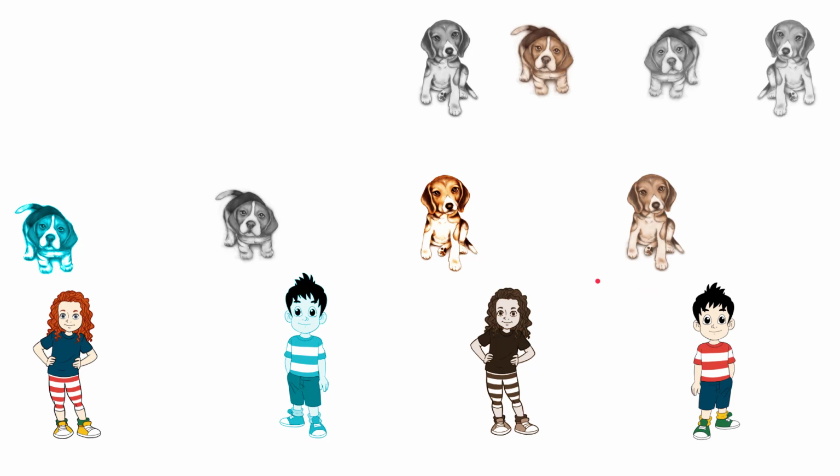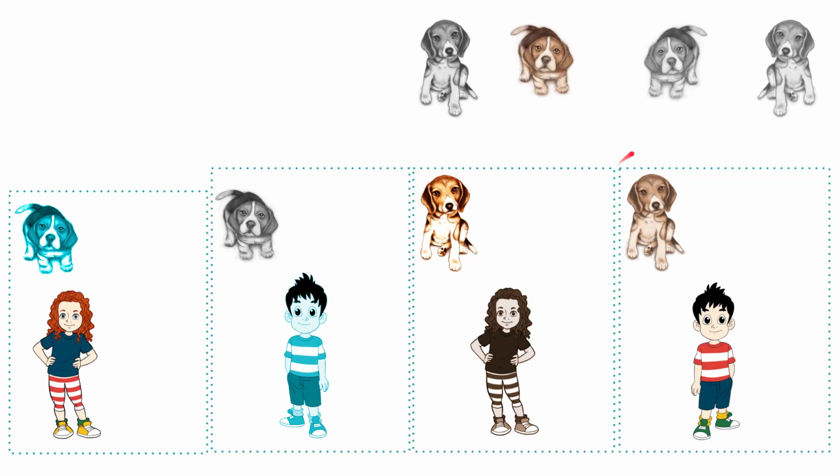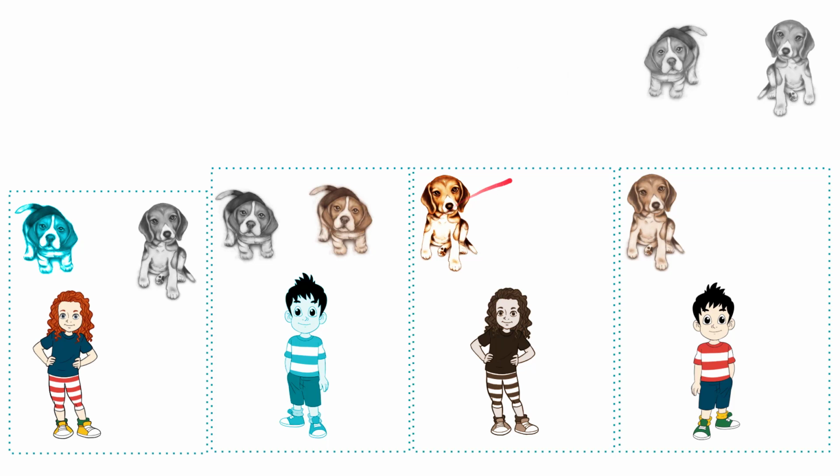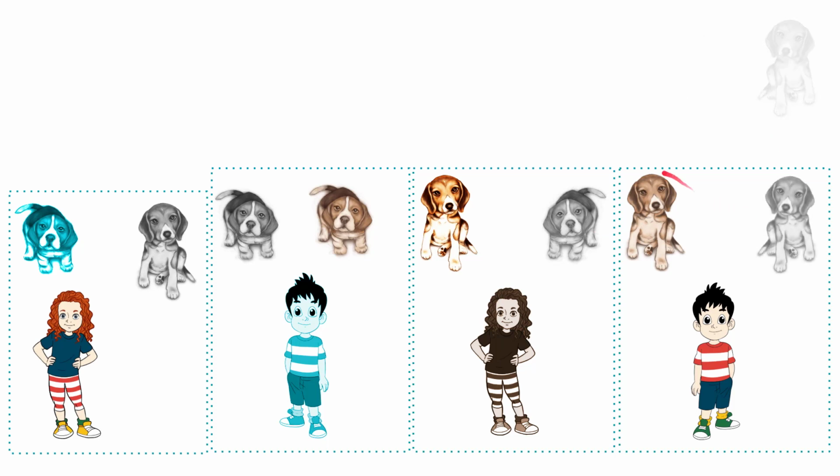Each kid got 1 puppy, but we still have 4 puppies to split between them. So let's take this one and put it here, and this one here, and this one here, and the last one here.